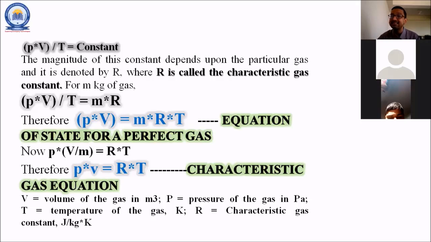Temperature, we are considering the temperature of the gas in Kelvin. And capital R, that is the characteristic gas constant, which is taken in joule per kg Kelvin. So I hope you are getting all the points, you are understanding the new equations, how we are deriving the newer equations, and what are the names of the equations.